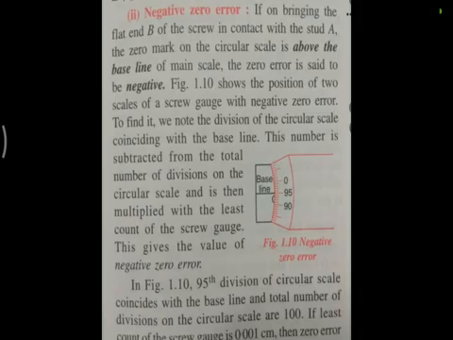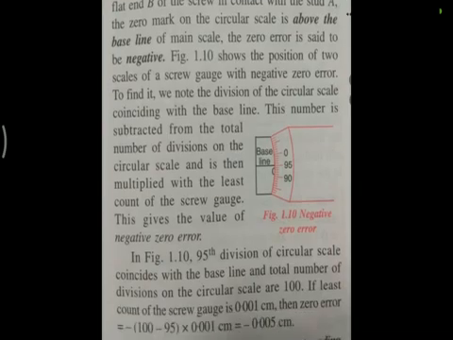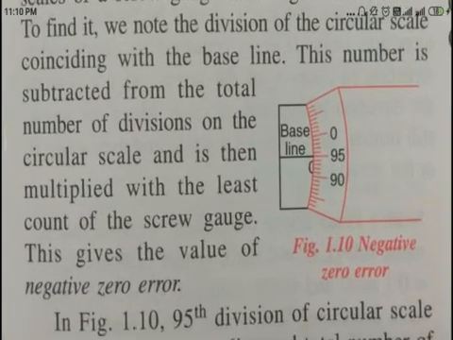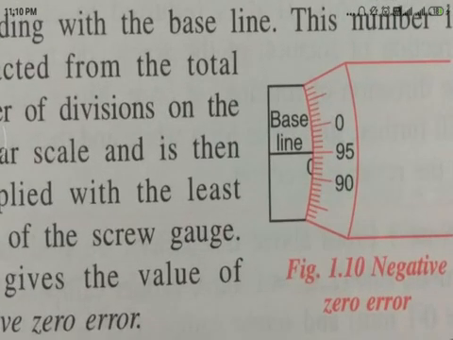Now, the error is there, so how much is it? For that we have the formula: minus, within brackets, total number of divisions minus the coinciding division. Over here, how many total divisions are there? It has 100 divisions. And which one is making the straight line with the baseline? It is 95. That means 95 is the coinciding division.